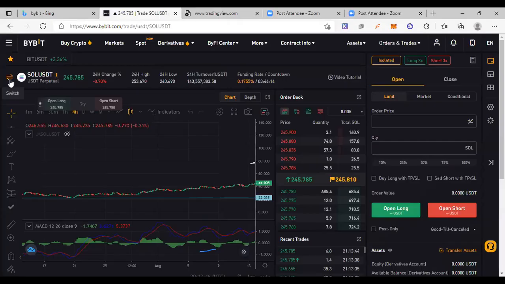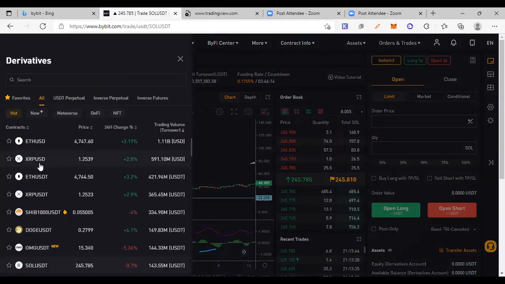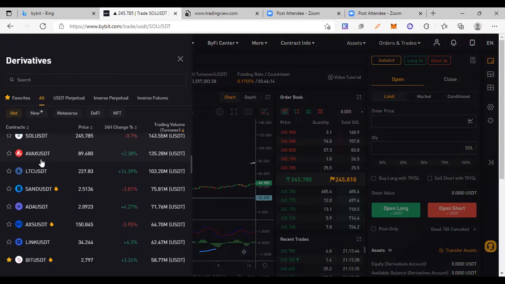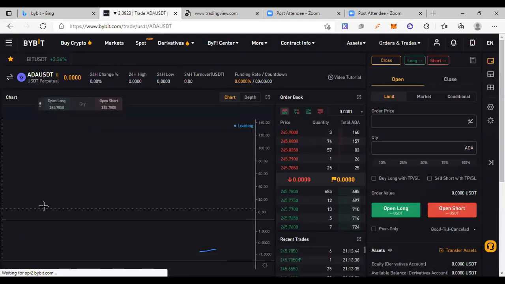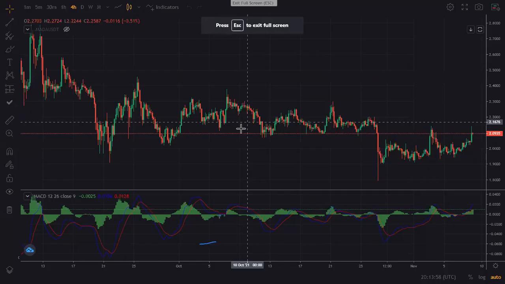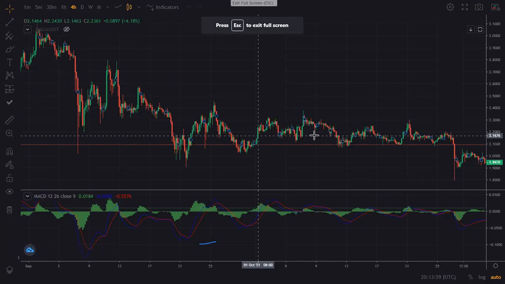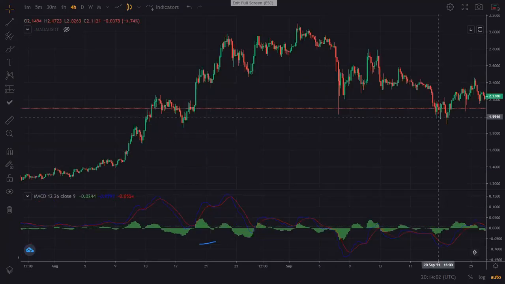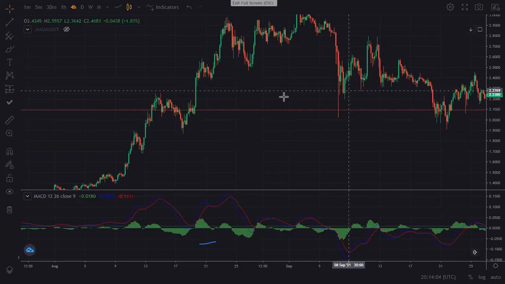All right, so I want to use another currency pair. Another coin pair. Let's use other USDT. All right. So let's find a ranging market.